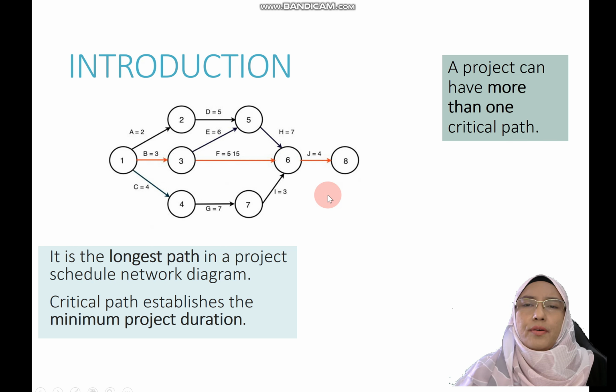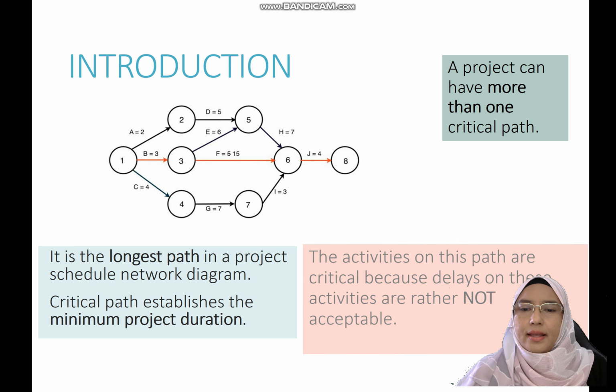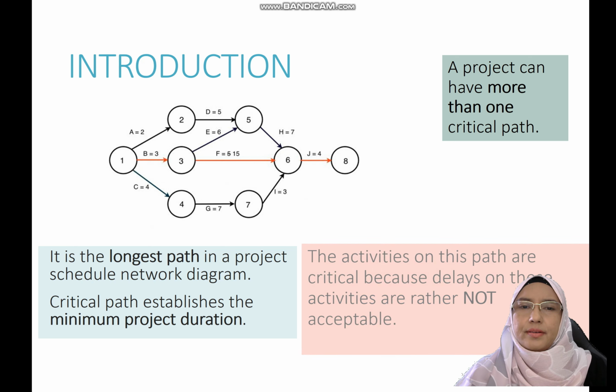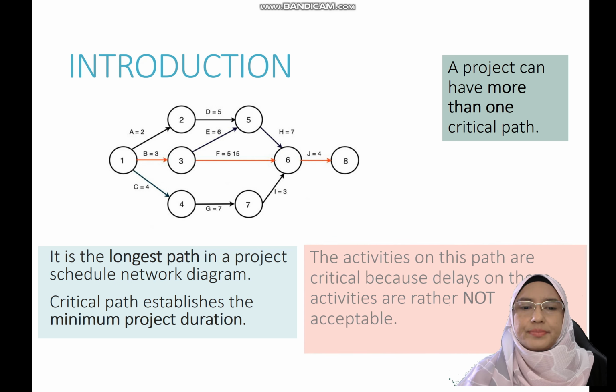A network diagram can have more than one critical path. I'm going to show this example in a later slide. For the critical path, there should be no delays, and delays are not acceptable.